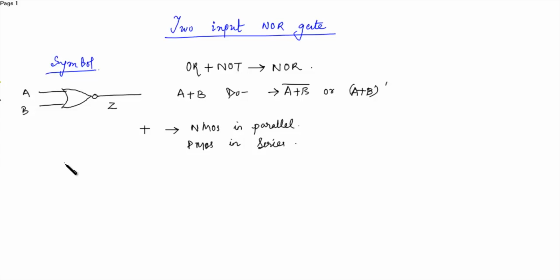Since this is a two input gate, we need two NMOS and two PMOS. The inputs are A and B, and there is one output, that is Z.